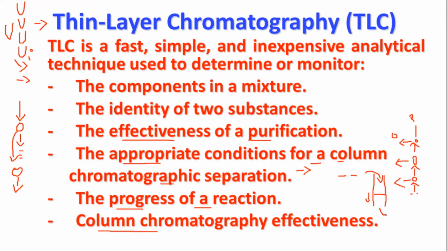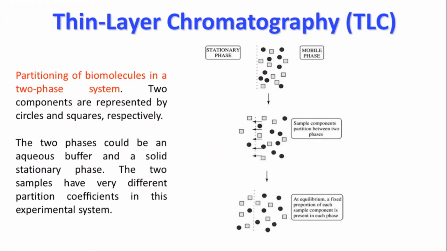Those effective column chromatography parameters are determined by TLC. So these are the main areas where we use thin layer chromatography. It is a basic, effective technique, and also a fast, simple, inexpensive technique. This is the basic principle of thin layer chromatography.